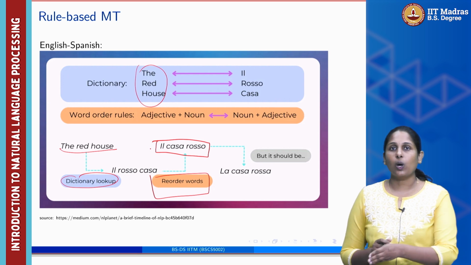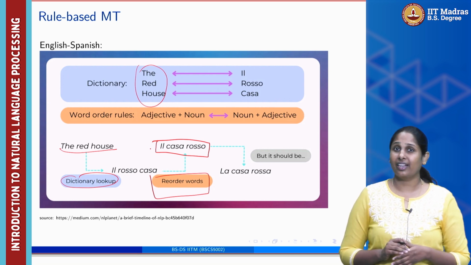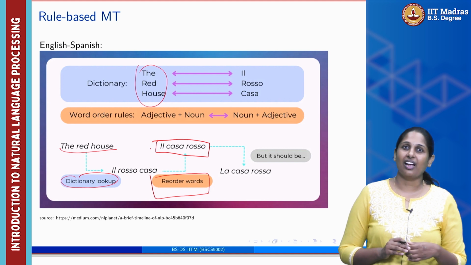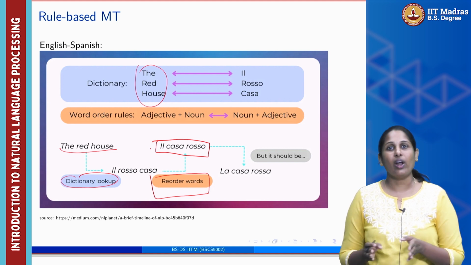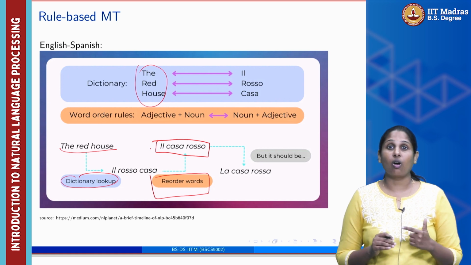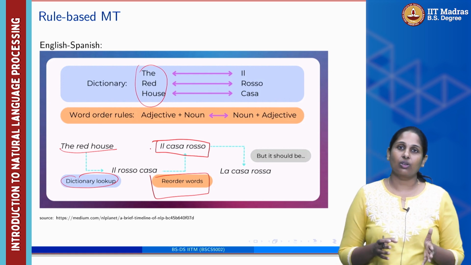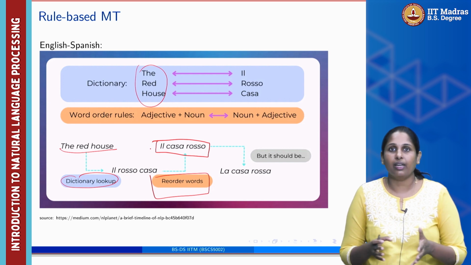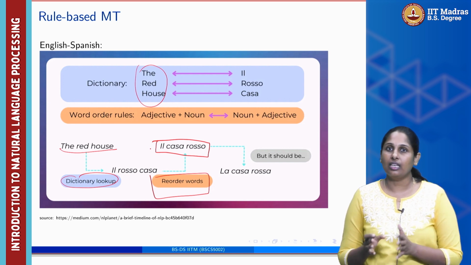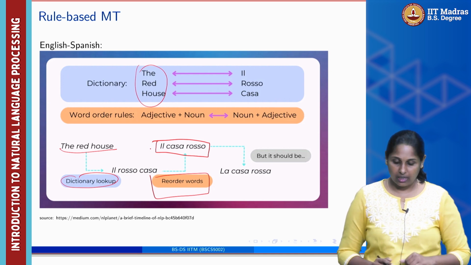Then after looking at the output of different machine translation systems, they realized that it is not that easy to translate from one language to another, even when both languages are cognitively similar, that means sister or very neighboring languages. It is not easy to straightforwardly map one language to another.